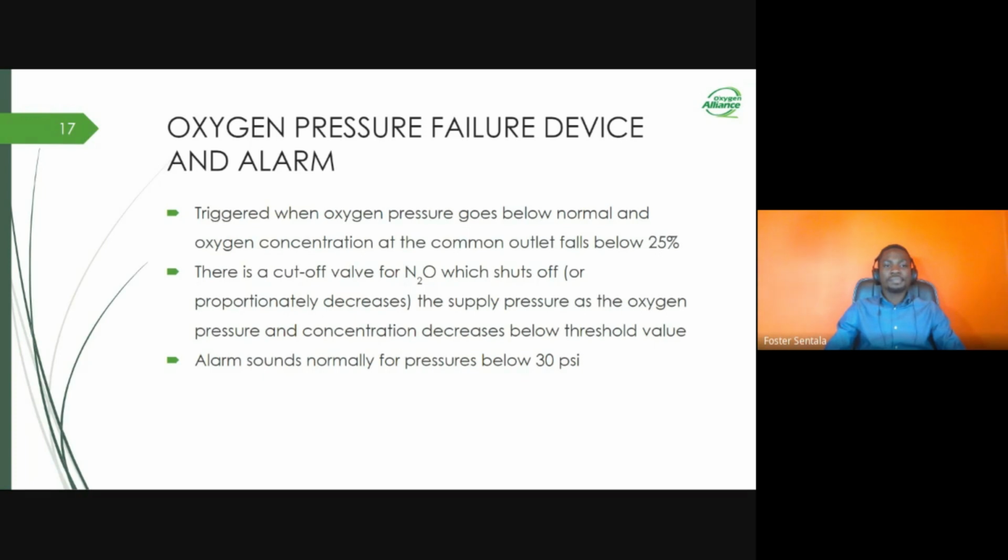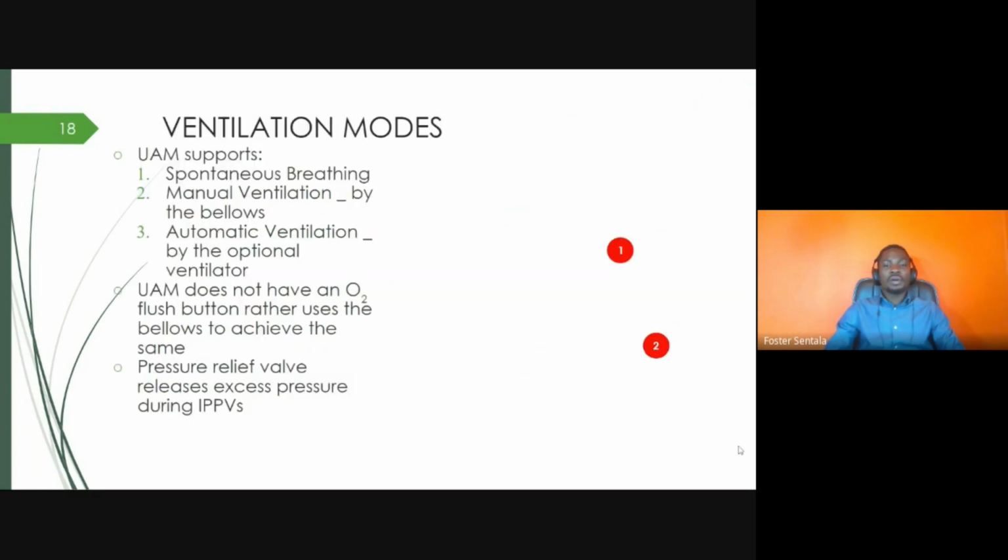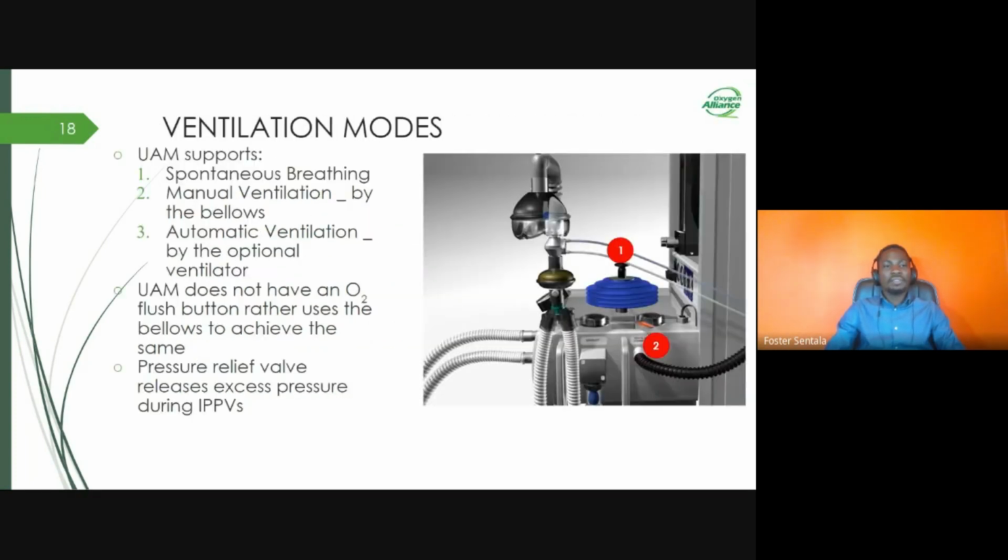Moving on, I'll now discuss the ventilation modes. So our machine, the UAM, supports, apart from the spontaneous breathing from the patient, the normal breathing, it also supports manual ventilation as well as automatic controlled IPPV, the intermittent positive pressure ventilation.